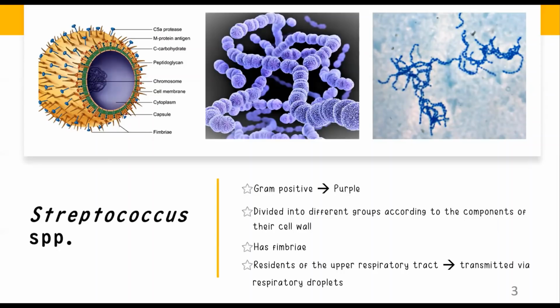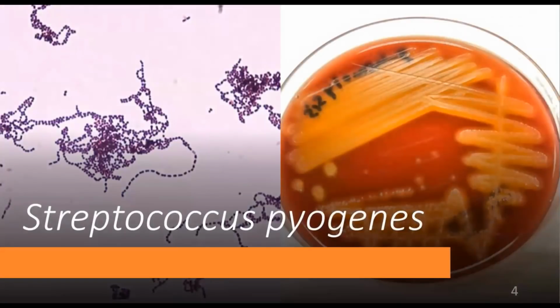Being residents of the upper respiratory tract, they can be transmitted via respiratory droplets, and there is easy transmission in crowded places. Now, one member of this genus belongs to Group A according to the Lancefield classification, representing Streptococcus pyogenes.